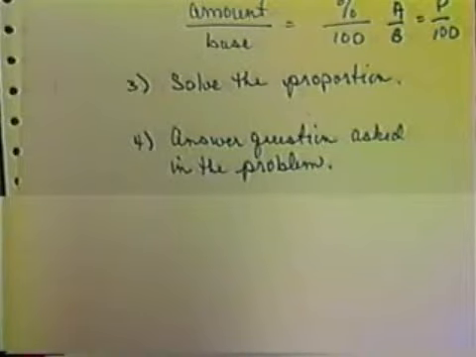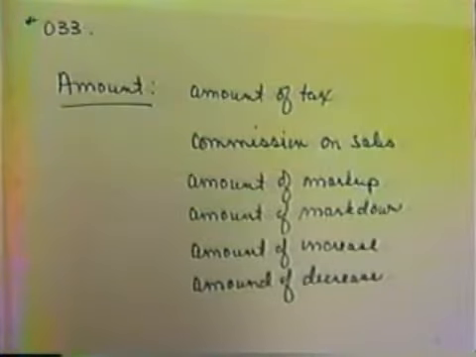Okay. Let's look at the amount for a minute in these problems. The amount in a percent application problem can be many things. It can be the amount of tax, whether it be the federal tax that you have withheld from your paycheck or state tax. Could be the amount of tax on a large purchase, on your grocery bill, or when you buy clothes.